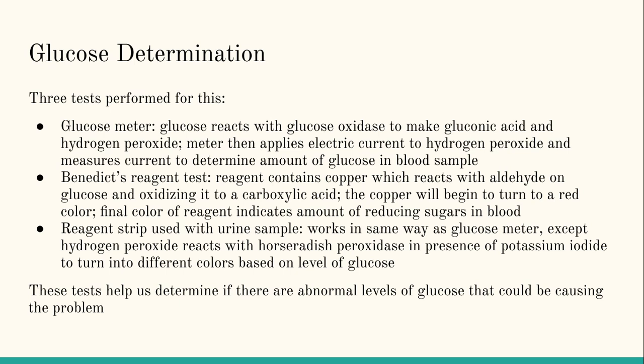The third test we are going to do is we're going to take a reagent strip and use it with a urine sample. It works very much in the same way as the glucose meter, except that the hydrogen peroxide reacts with horseradish peroxidase and presents a colorless potassium iodide to turn it into different colors based on the level of glucose. These tests can help us determine if there are abnormal levels of glucose that could be causing the problem.